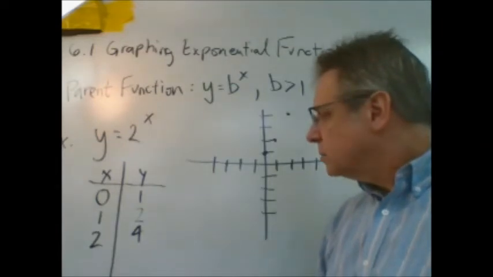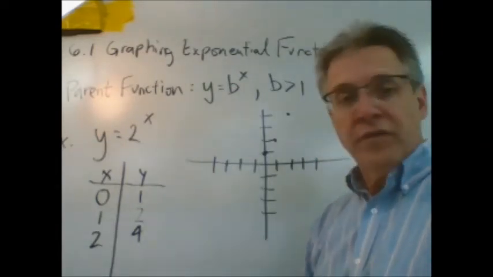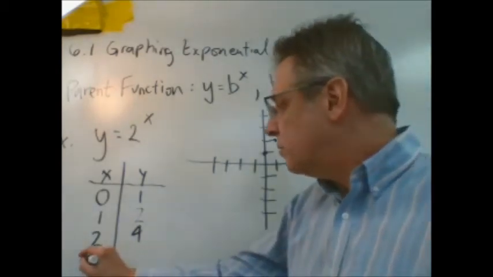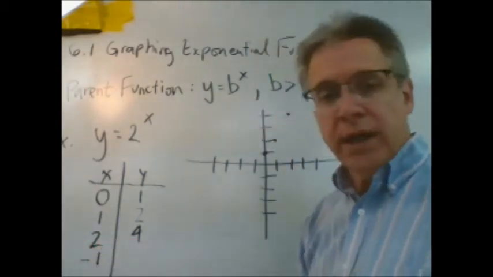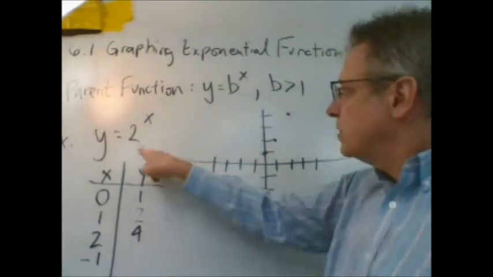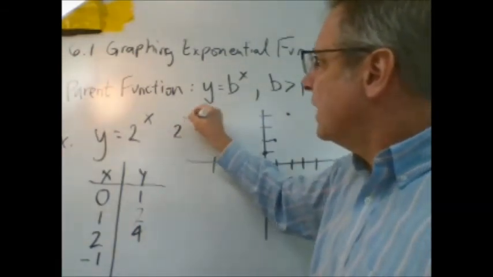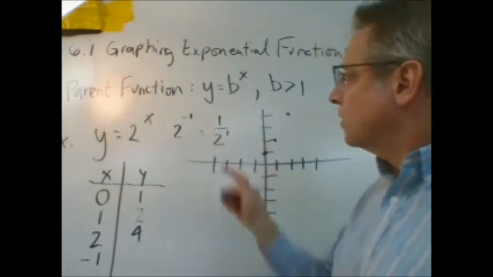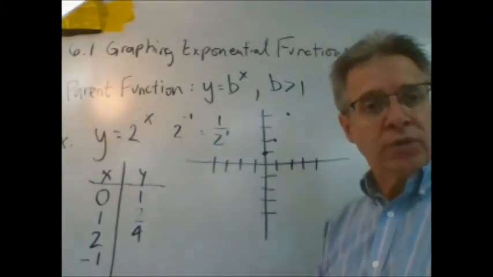Let's try negative values now and see what happens to the graph over here. If I put in negative 1, this becomes 2 to the negative 1, which is the same thing as 1 over 2 to the 1, or just 1 over 2, which is 1/2.